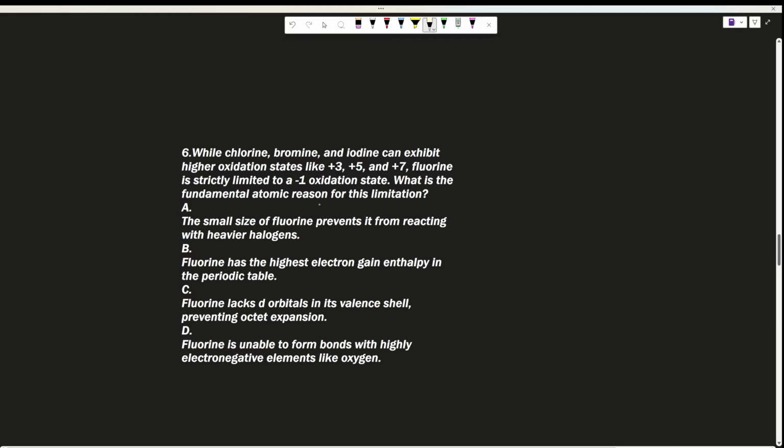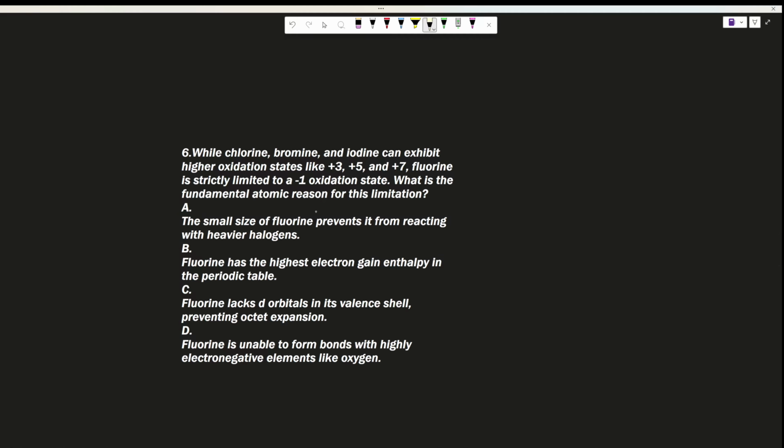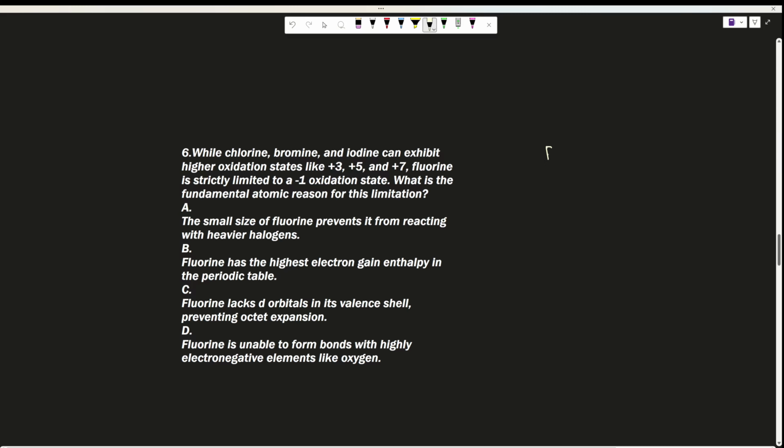While chlorine, bromine, and iodine can exhibit higher oxidation states like +3, +5, and +7, fluorine is strictly limited to -1. What is the fundamental atomic reason for this limitation? This we all know about second period elements. They lack d orbitals, right?